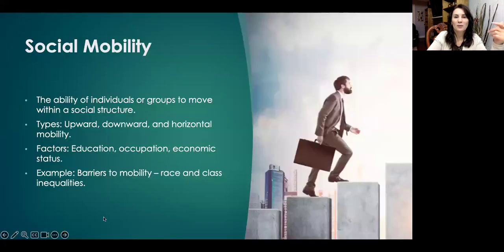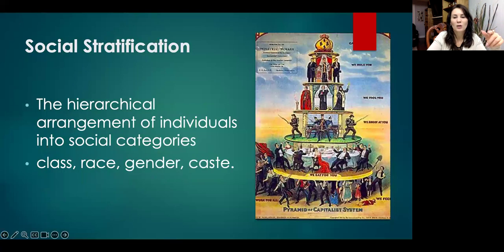Social mobility means people in that hierarchy, the hierarchy we saw over here, can move from the bottom to the next layer, or to the next layer, or the next. Or the people from up there can come down. If people from the bottom can make it up there, that's upward mobility.